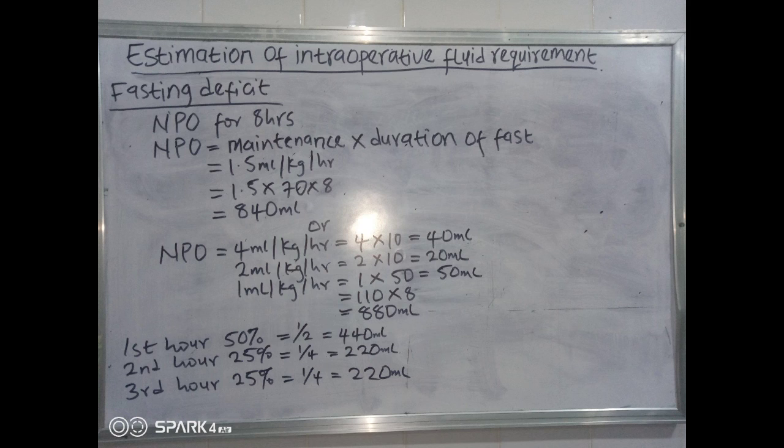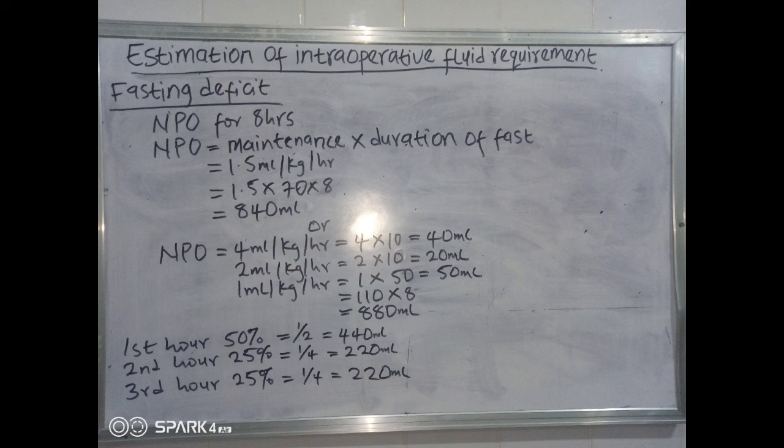Or using 4-2-1 rule, we'll have 4 times 10, which is equals to 40 ml, 2 times 10, which will give us 20 ml, and 1 multiplied by 50, which will give us 50 ml. Altogether, we have 110 ml multiplied by 8 hours, which will end up giving us 880 ml.